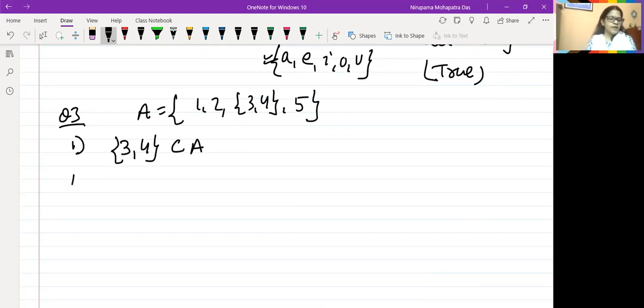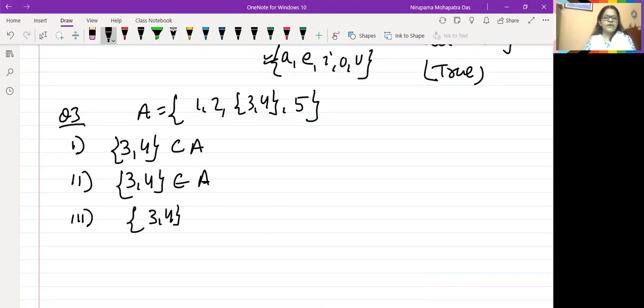Second part is {3, 4} belongs to A. Third part is {{3, 4}}. Observe the use of brackets also. It is a subset of A.